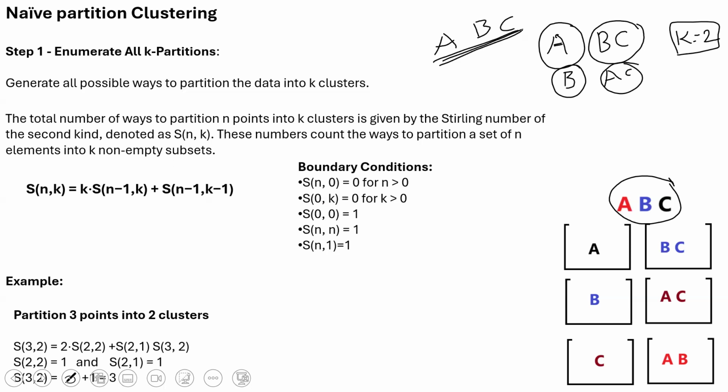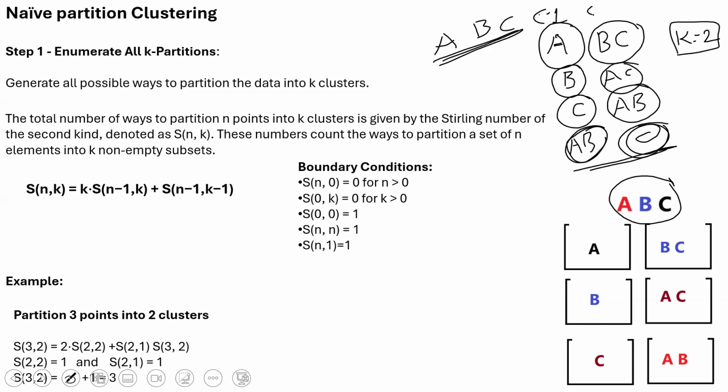What are the possible combinations of getting two clusters out of these points? I'll keep C in one cluster and A and B in the other cluster. What are the other possible combinations? You can keep AB in one cluster and C in the other cluster, right? So this is a combination possible. If I call this cluster 1 and this cluster 2, I'm keeping these items in cluster 1 and these items in cluster 2.